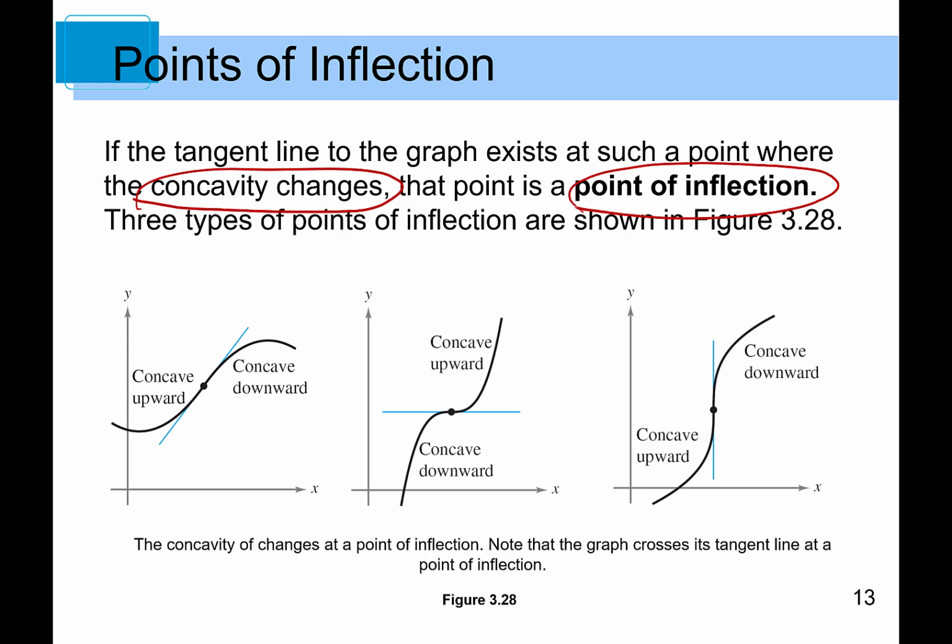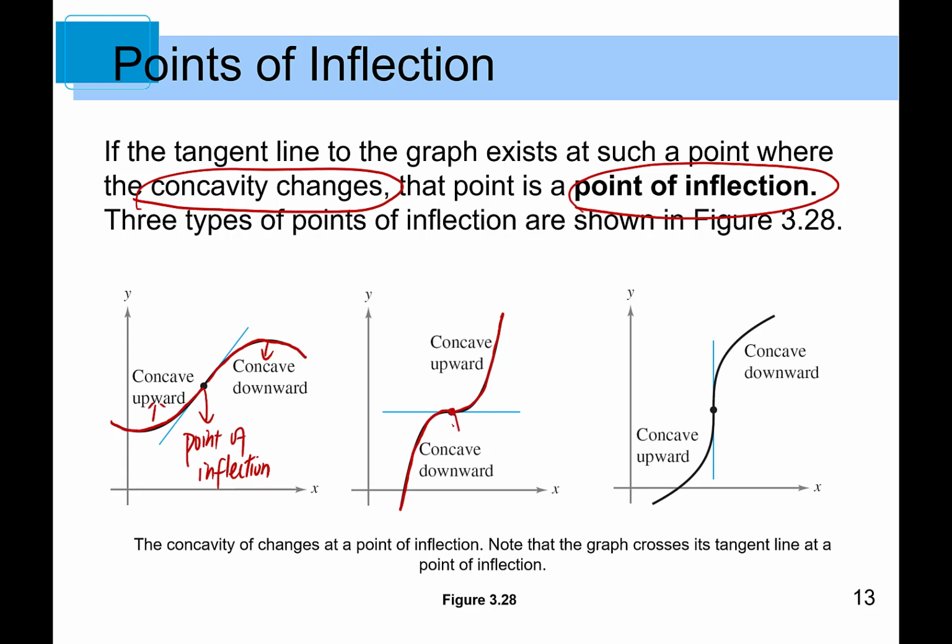Three types of points of inflection are shown below. Start with concaving upward to concaving downward. We get a point of inflection here. Second case, start with concaving downward, then concaving upward.